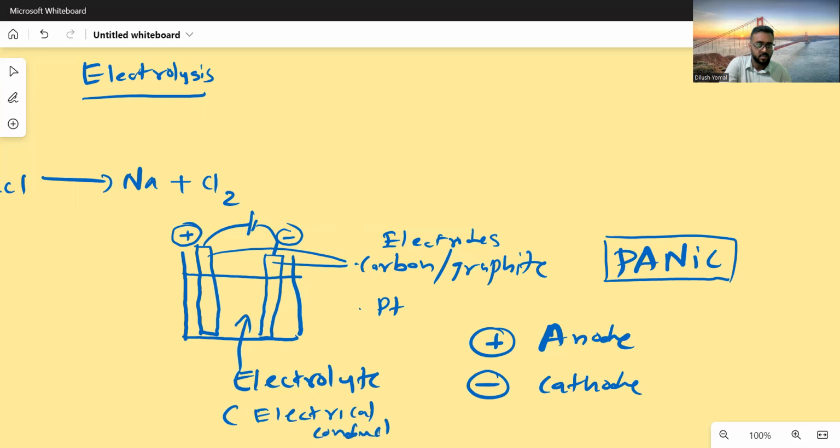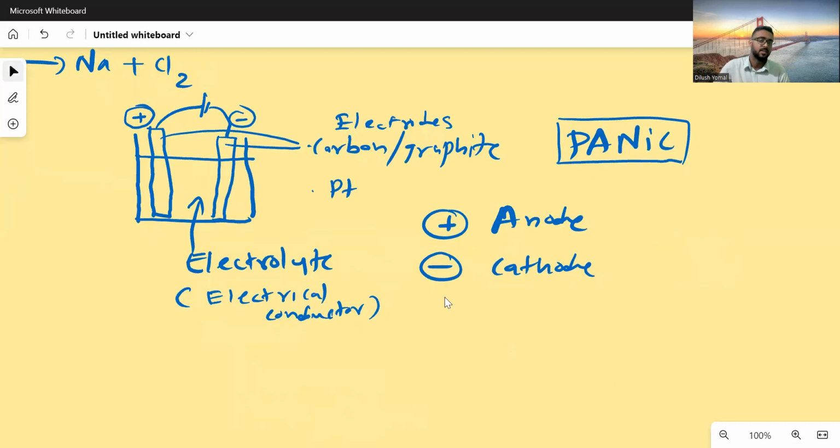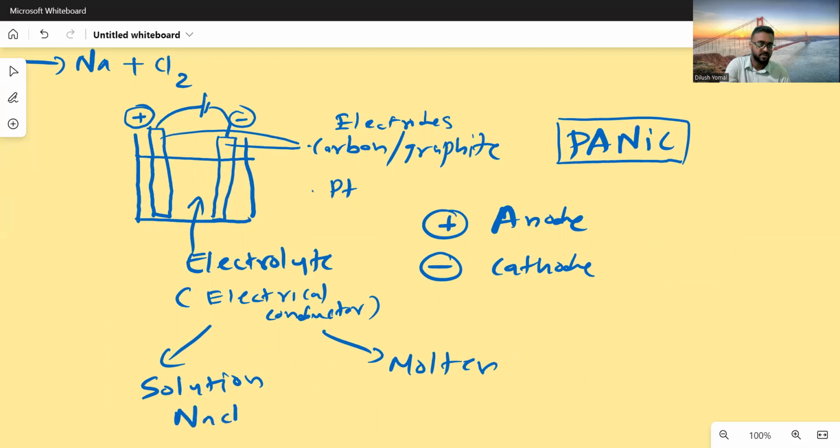There are two types of electrolytes we are learning in O-level: the solution form and the molten form. I'll explain them. Taking sodium chloride as an example, sodium chloride aqueous is the solution form, and sodium chloride liquid is the molten form.